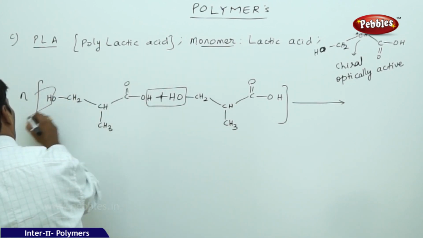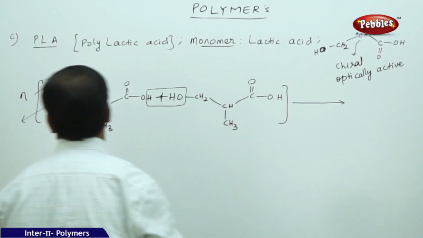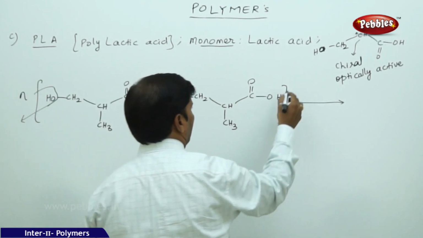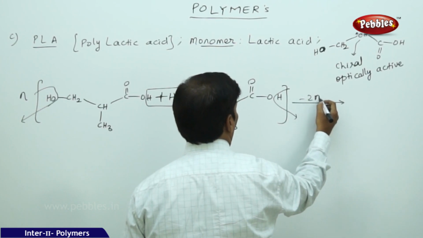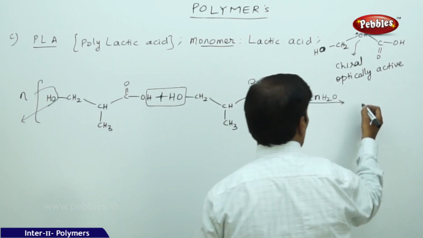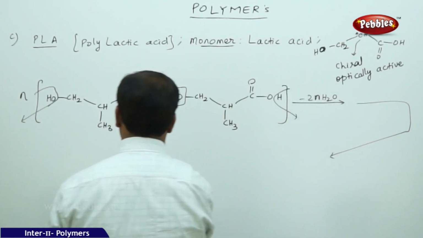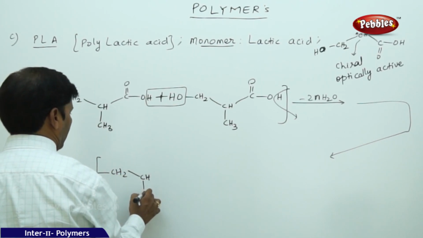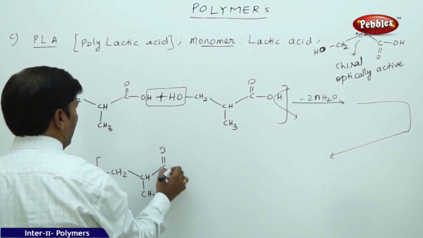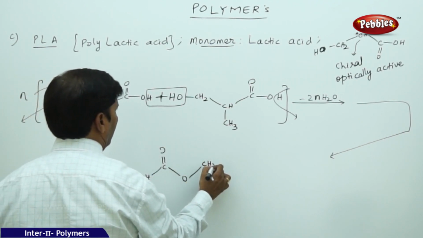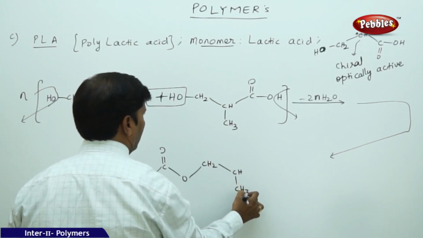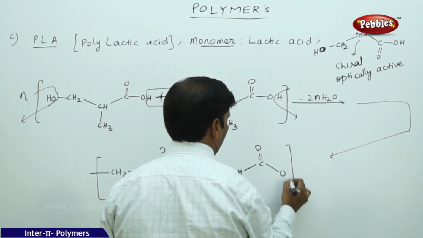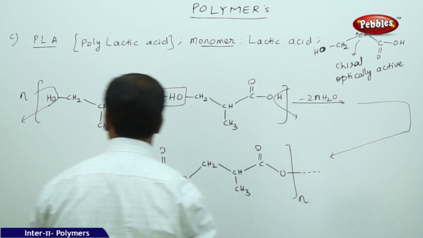This is primary alcohol, so you remove the oxygen along with the hydrogen, and with the carboxylic acid, minus 2n water molecules, and you get the final product: the CH2 group, single bond, CH, CH3, again carbon double bond oxygen, oxygen, again CH2, CH of CH3, carbon double bond oxygen, taken n times.